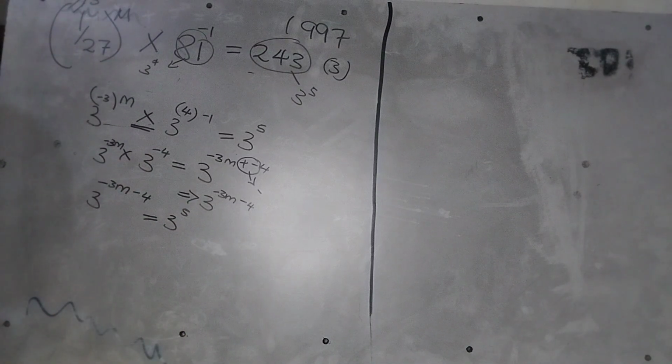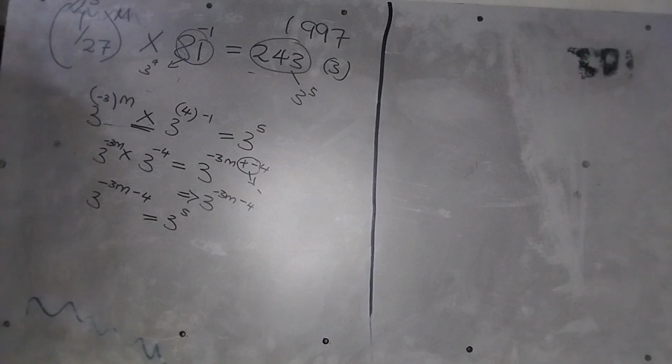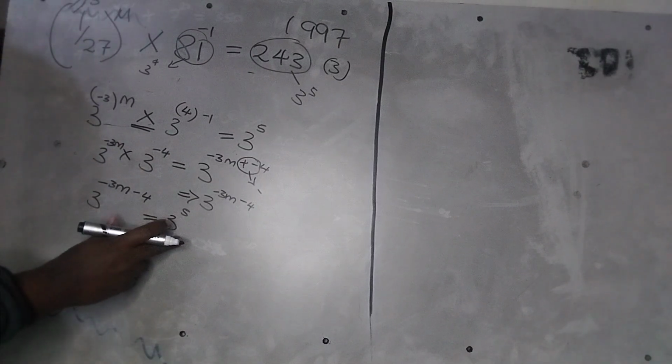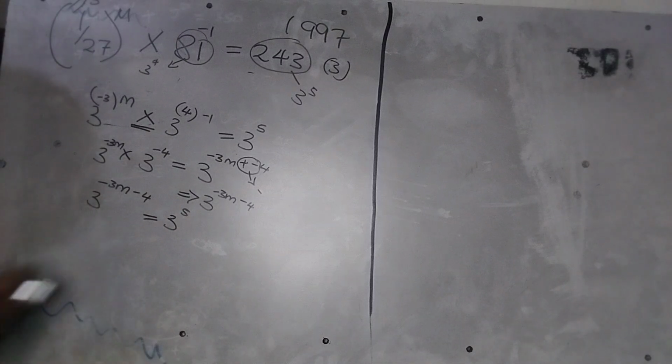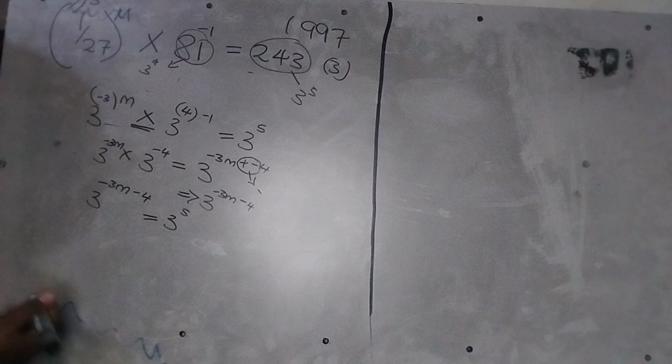This comes from another basic of indices. When bases are the same and they are separated by an equal sign, what does that mean? That the powers on both sides are equal. If we have the same base separated by an equal sign, that simply means that this power is equivalent to the other power.